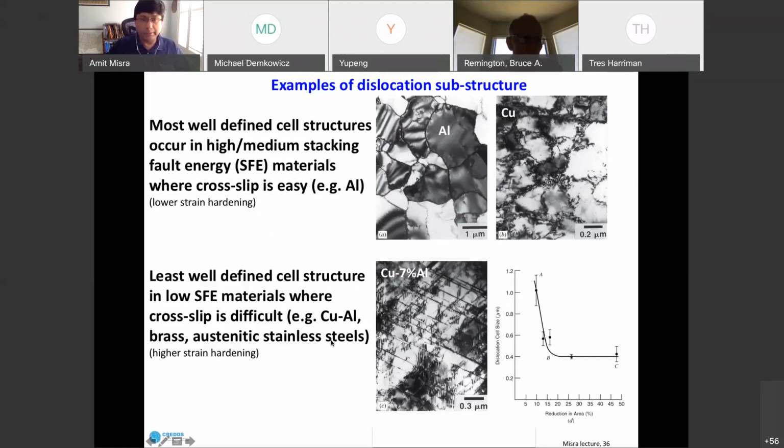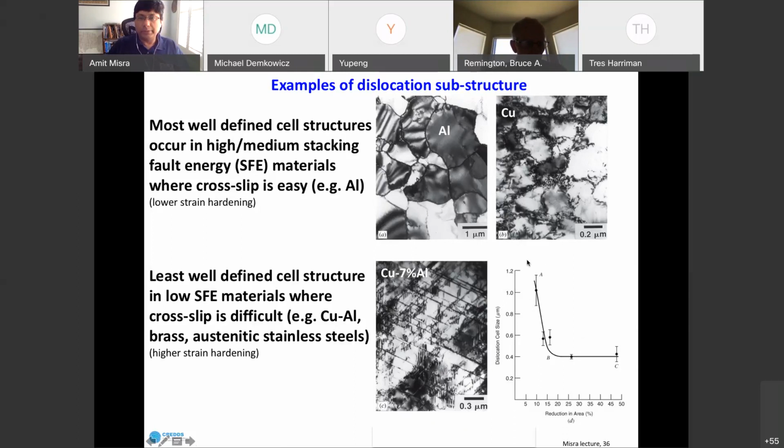A lot of the FCC high entropy alloys are in this area, where cross-slip is difficult because the stacking fault energy is very low, so the partial spacing is very large, and so a lot of the deformation is partial dislocation controlled. And where cell structure forms, the dislocation cell size shown here scales with increasing strain.